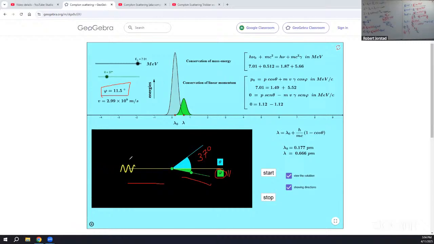We knew the initial wavelength, and we found the final wavelength, so we know both lambda naught and lambda prime. We know theta, we know everything except the speed of this electron. The computer claims it's this, and my goal is to have you derive that.